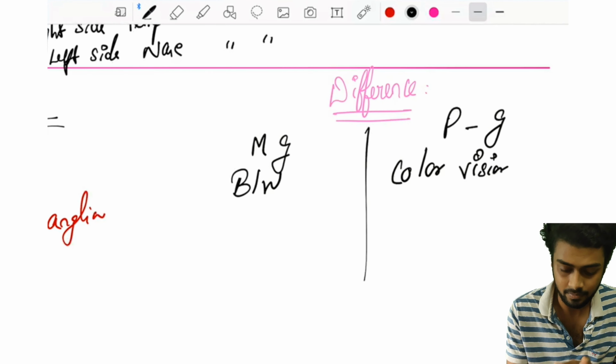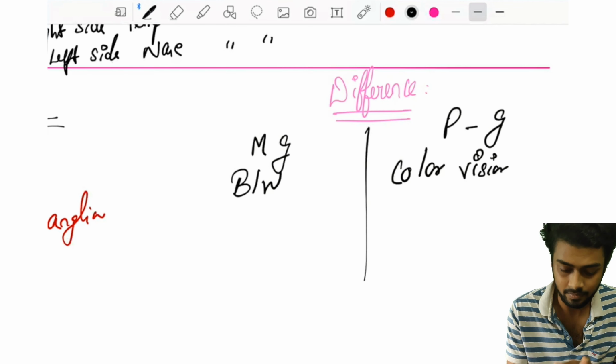Then third point, the point-to-point transmission in M ganglion cell is very poor, while in P ganglionic cell, it is highly efficient. These are some of the differences we have to know, guys.